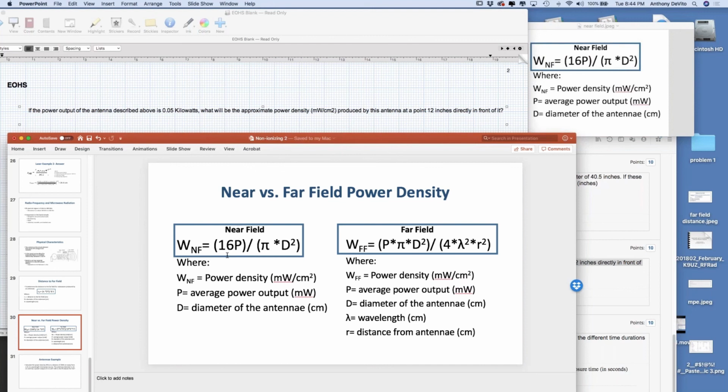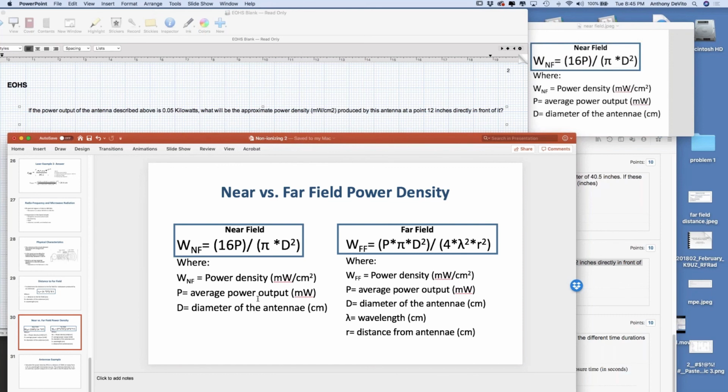So this is a little bit of an academic exercise, rather than what we might really measure. I'm not going to use the far field formula because I'm not in the far field. I'm going to stick with the near field formula that associates the power density with the power output from the source that we have.